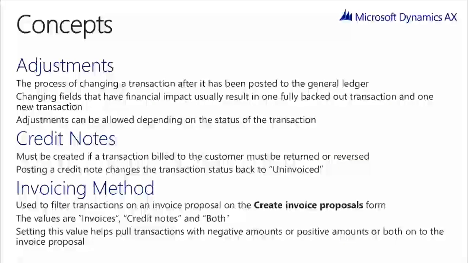The adjustment is the process of changing a posted transaction that hasn't yet been invoiced. Changing the fields that have financial impact usually results in one fully backed out transaction and one new transaction. The new transaction is the one that is marked as chargeable so that it can be put on an invoice. And adjustments can be allowed depending on the status of the transaction.